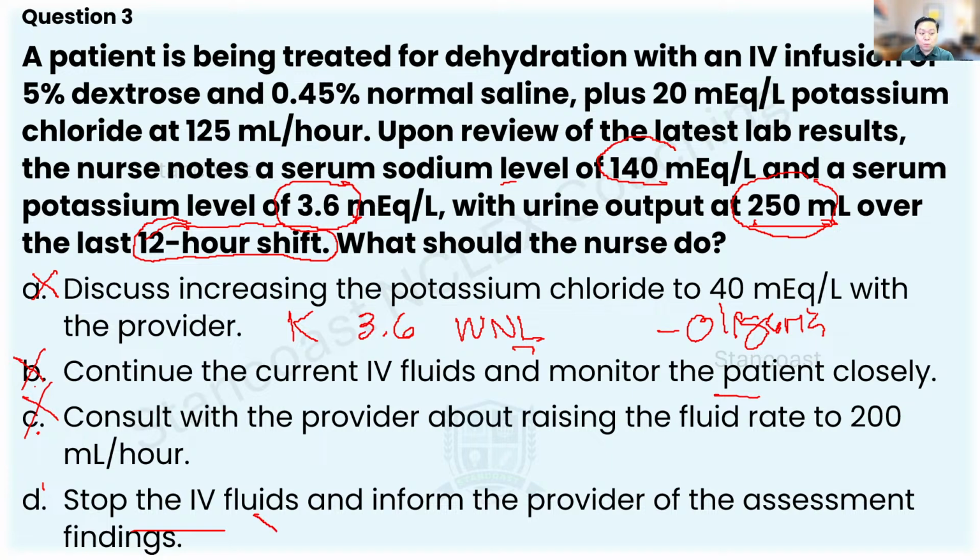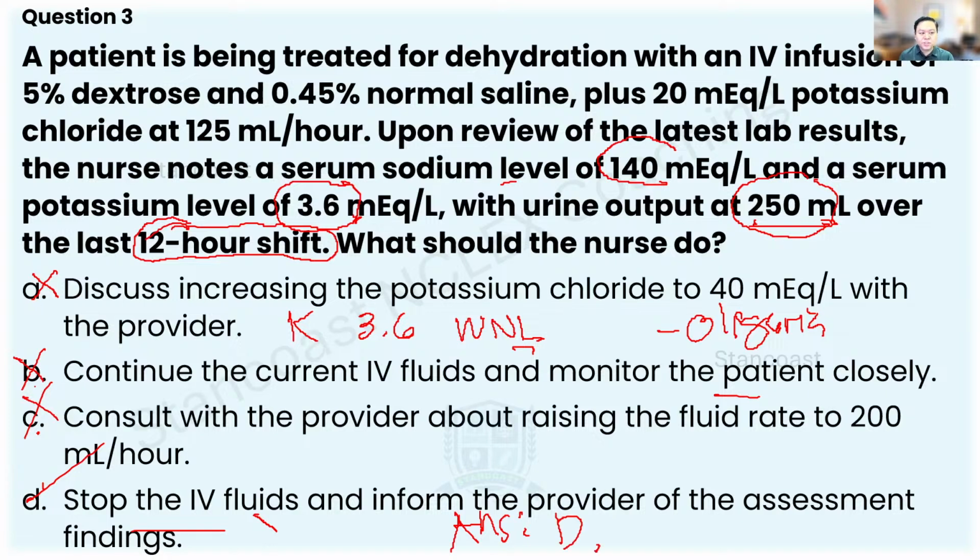Once they are informed, they probably would give you some additional orders. That would be the initial step. You've got to discontinue the IV fluids, give them a call right away, and hopefully they're going to give you more orders to continue hydration. All right. So the correct answer here is letter D.